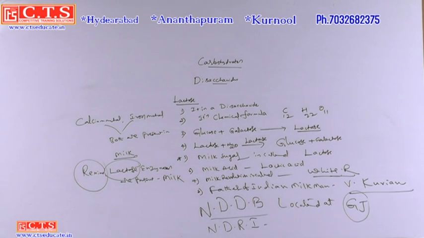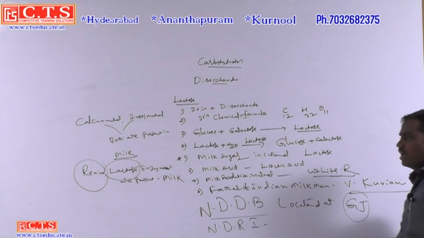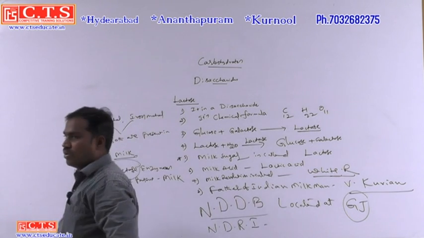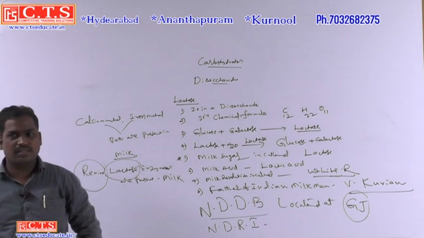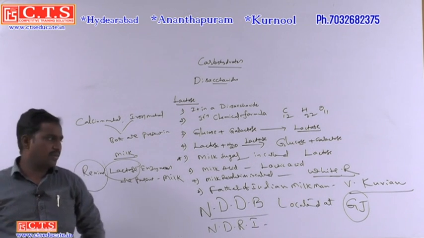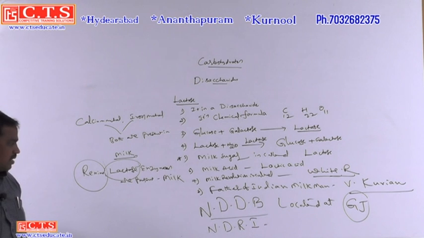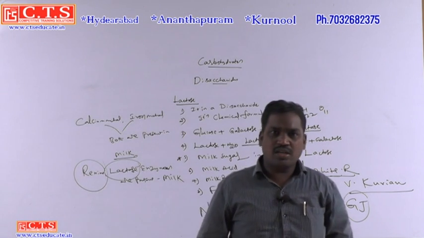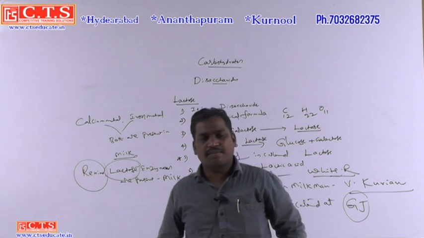Once again, repeat. Calcium metal and iron metal, both metals are involved in milk. Renin, lactase, both enzymes are present in milk.